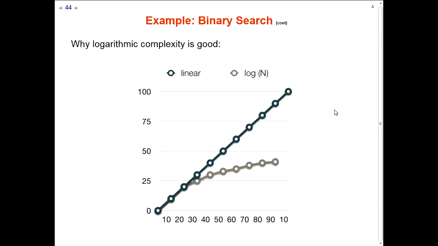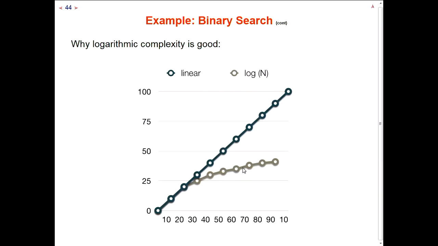Why is that good? Because with a logarithmic algorithm, we can deal with much, much larger input sizes than even with a linear algorithm. The linear growth would be depicted, and this is not a log scale, it's just a standard scale.